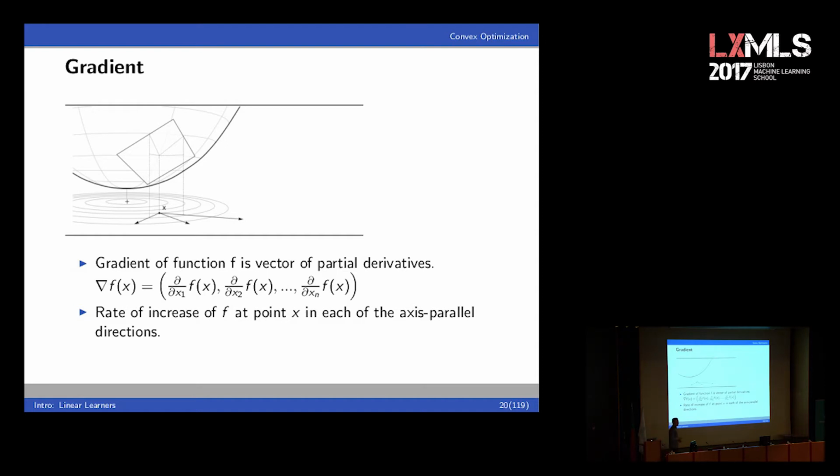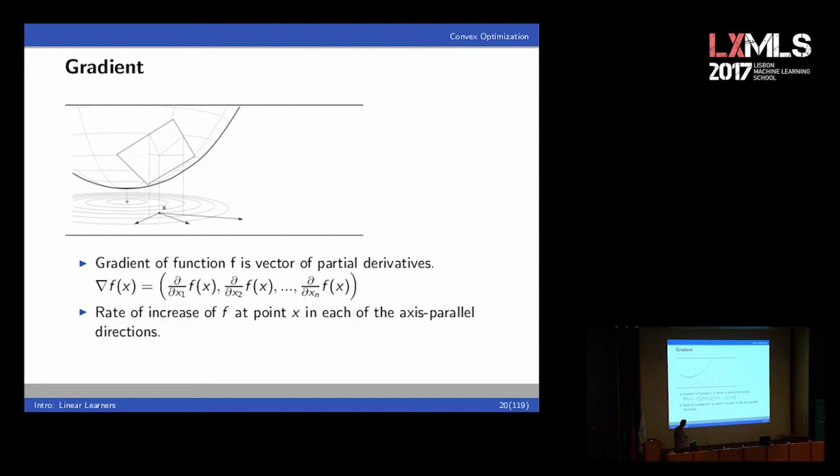And what convex optimization, the techniques we are using, does is it uses the gradient of the convex function to find this global minimum. And the gradient is the vector of partial derivatives. And what the gradient tells you is it points in the direction of the fastest increase of the function.